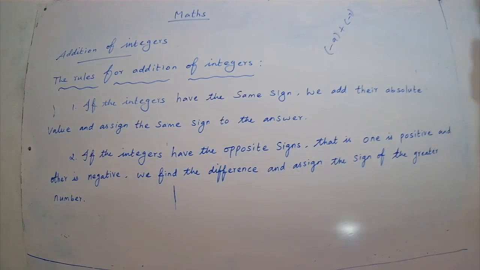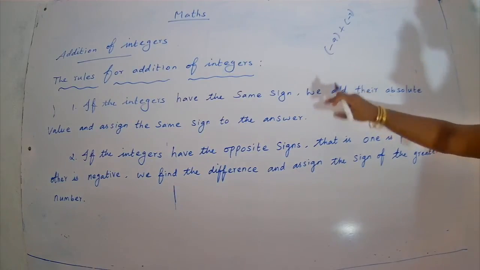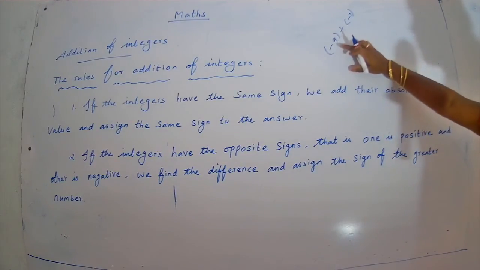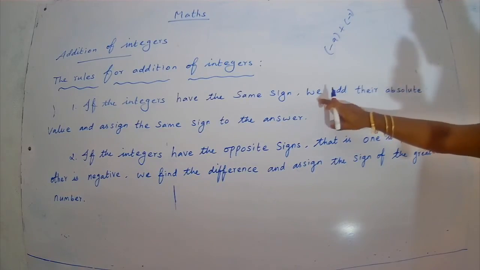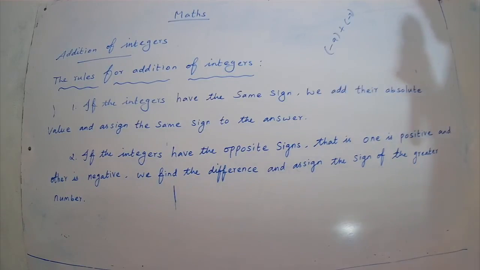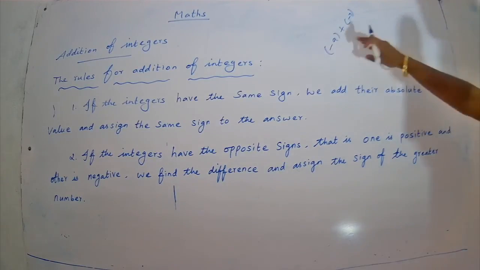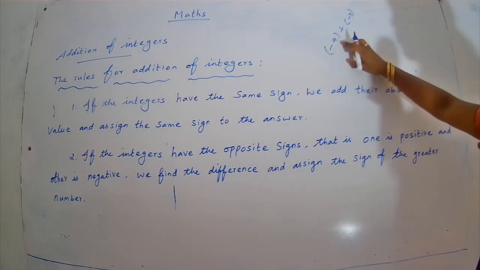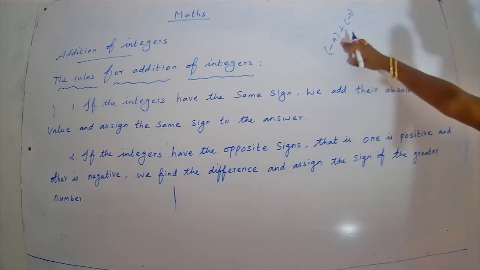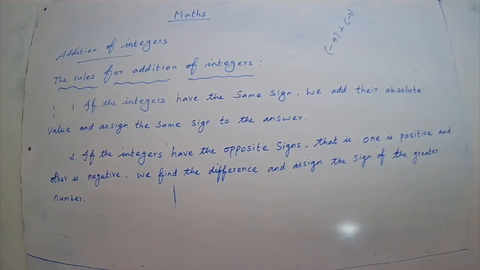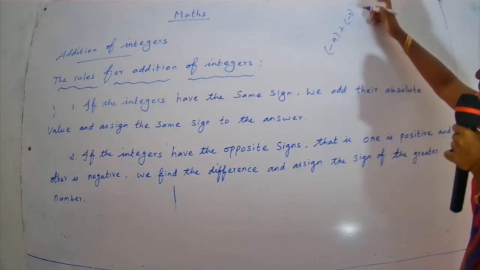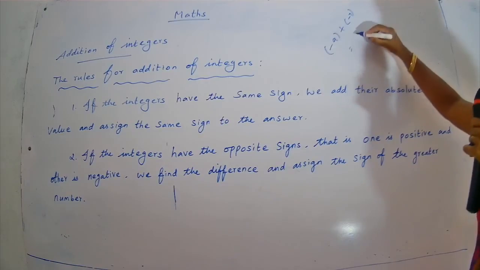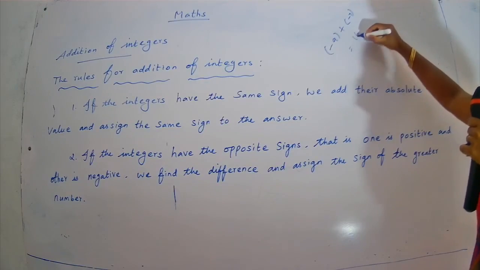Minus 9 has a negative sign, minus 7 also has a negative sign, so we add the absolute value. Absolute value means only numbers, no signs. The absolute value of minus 9 is 9 and the absolute value of minus 7 is 7. Now we add the absolute value.